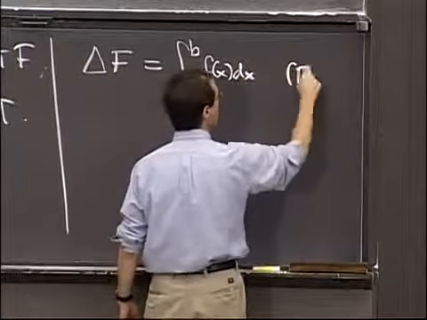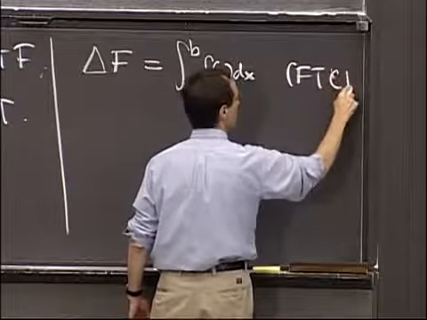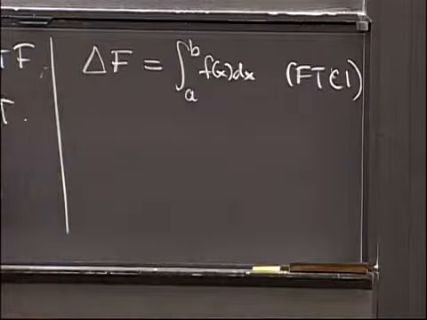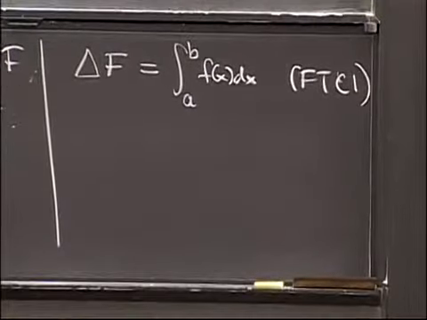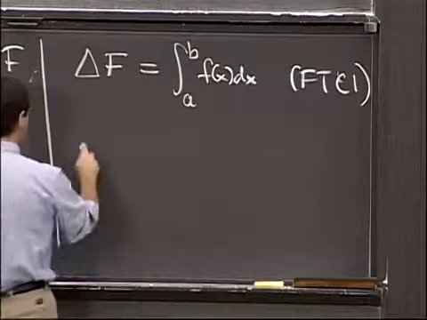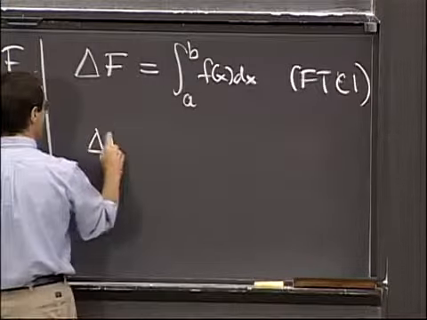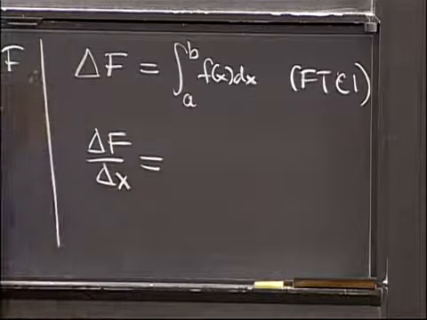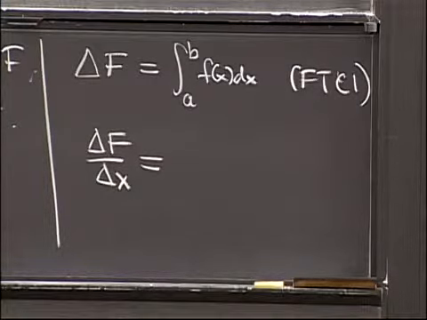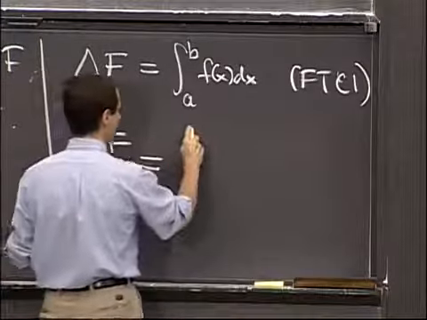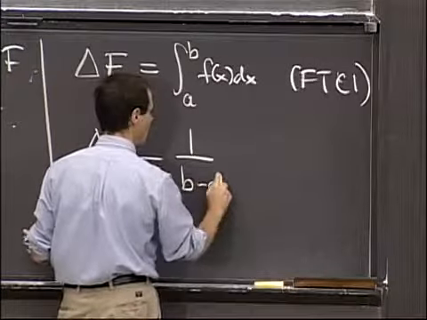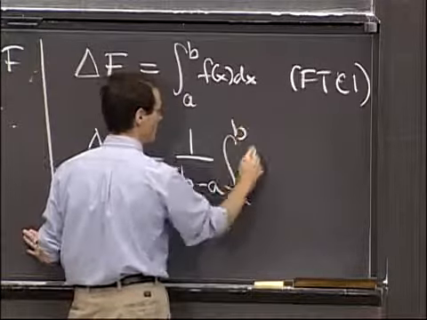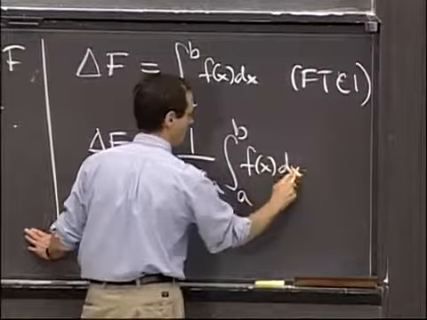So this is what we call the fundamental theorem of calculus. I'm going to divide by delta x now. And if I divide by delta x, that's the same thing as 1 over b minus a times the integral from a to b of f of x dx.